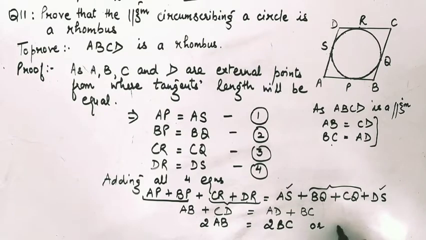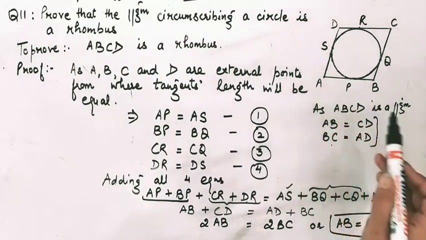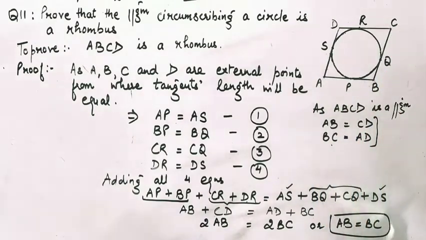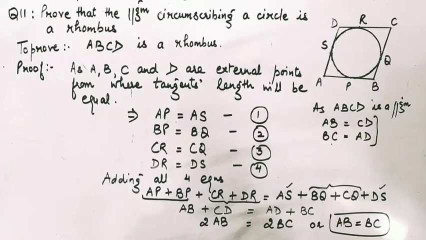So AB is equal to BC. If in any parallelogram adjacent sides become equal, what do we call that? The figure would be a rhombus. So that's how the result would be proved.